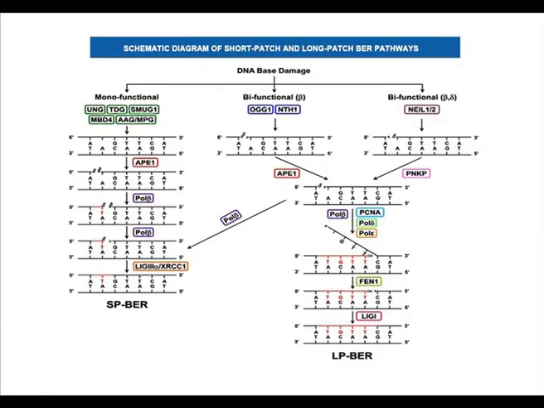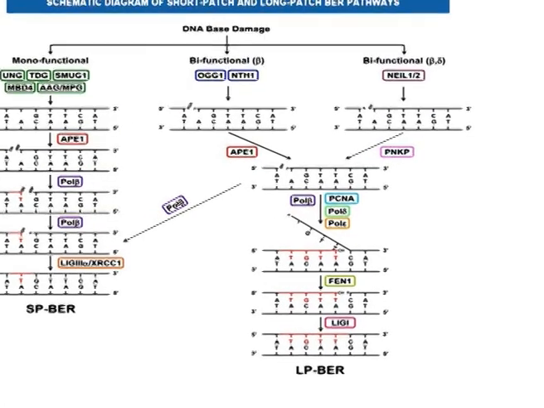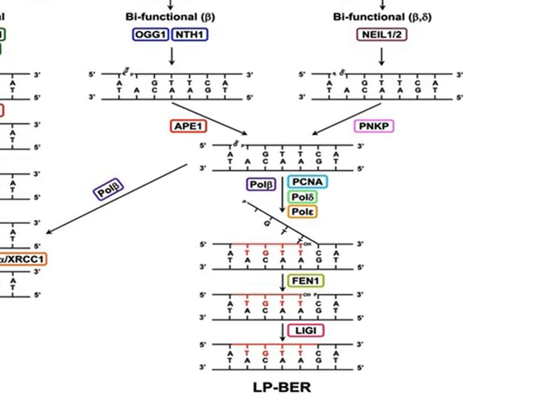Long patch base excision repair. Long patch base excision repair replaces a strand of nucleotides with a minimum length of 2 nucleotides. Long patch BER requires the presence of proliferating cell nuclear antigen or PCNA, which acts as a scaffold protein for the restructuring enzymes.